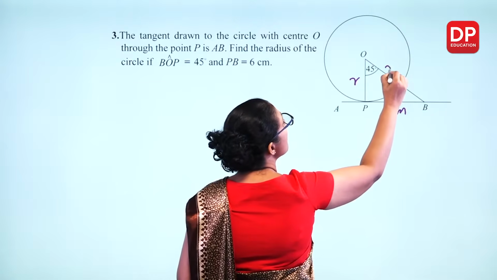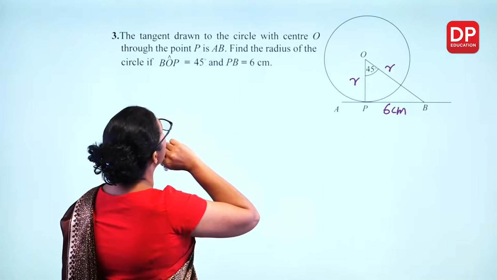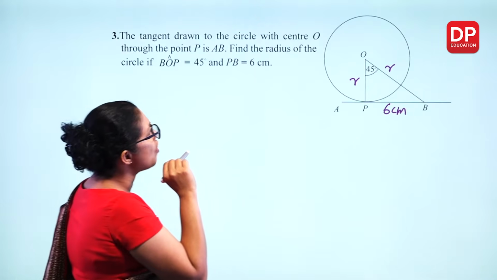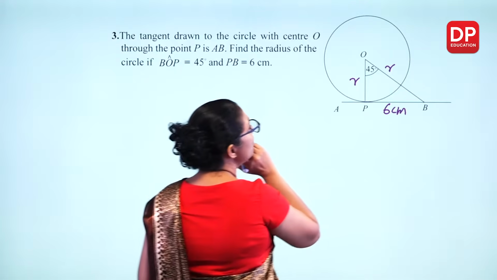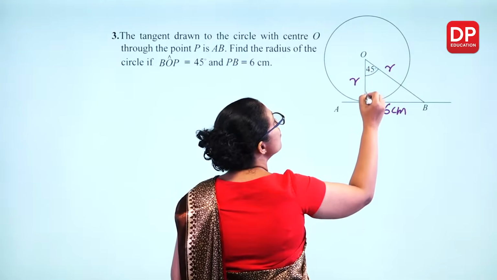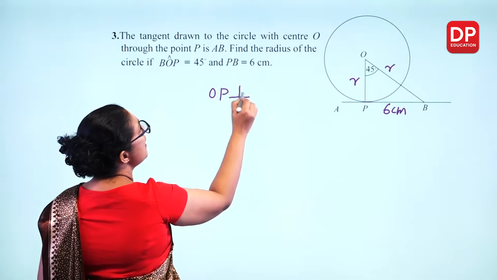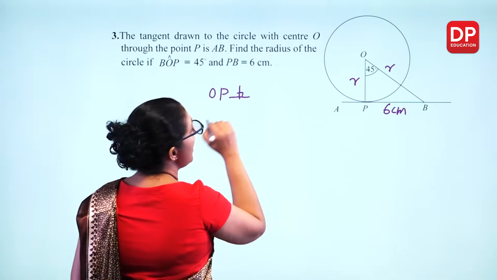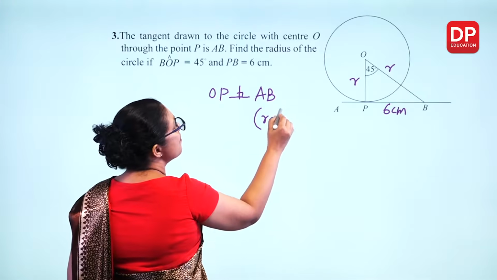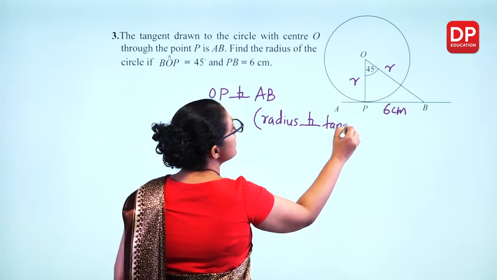This is also R. And what is given? So that's all given. So we know these two lines are perpendicular. OP line is perpendicular to AB line because of the theorem. Radius is perpendicular to the tangent.